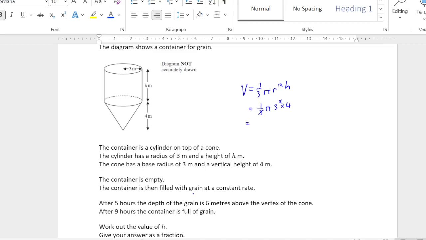So those would cancel, so we're going to have 12 pi, I believe, for the volume of the cone. And then the volume of the cylinder is going to be equal to pi r squared h. So pi times 3 squared times h, so we're looking at 9 pi h.